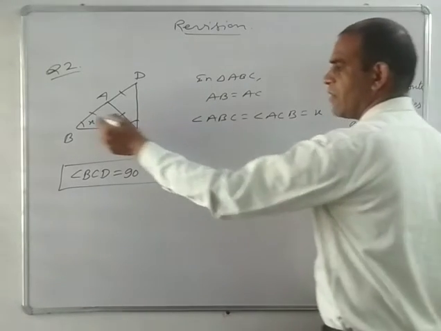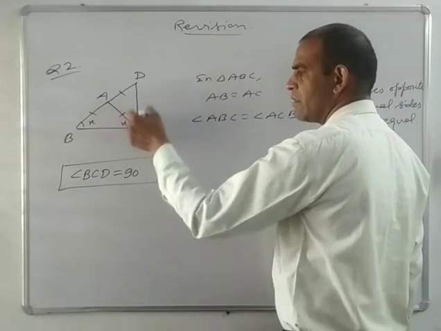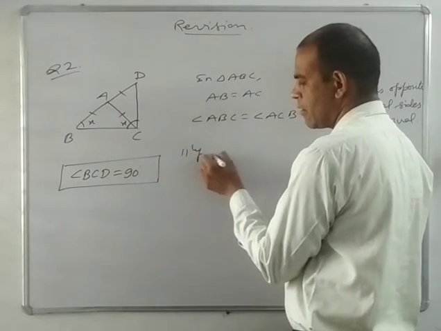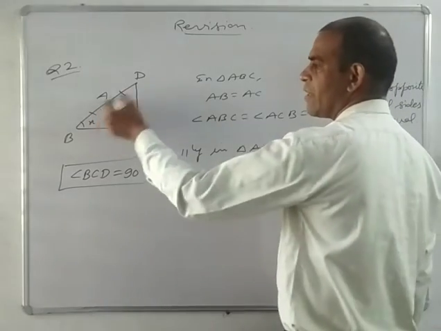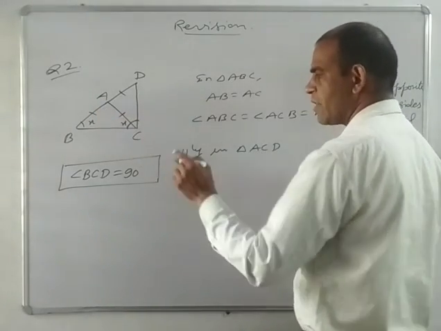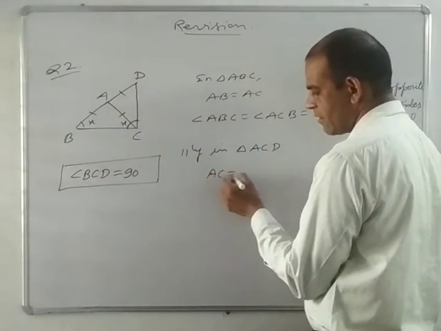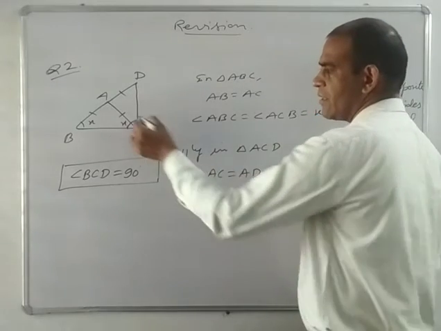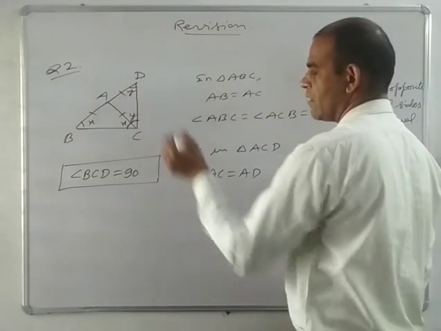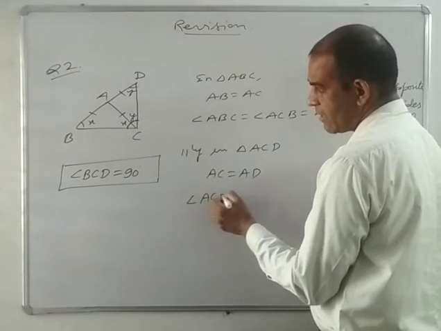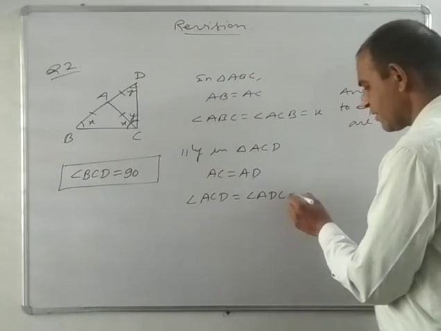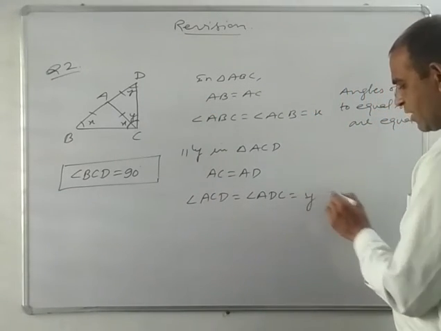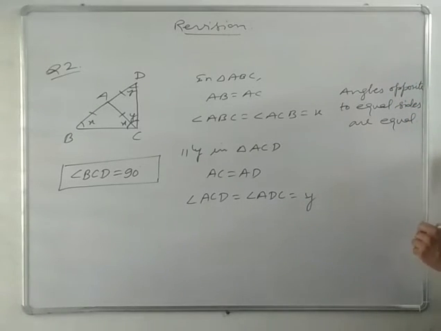Again, similarly, here AB equals AD and AB equals AC, so AC and AD are equal. AC equals AD, so these angles also become equal. Angle ACB equals angle ADC, both are equal, and both are equal to y.